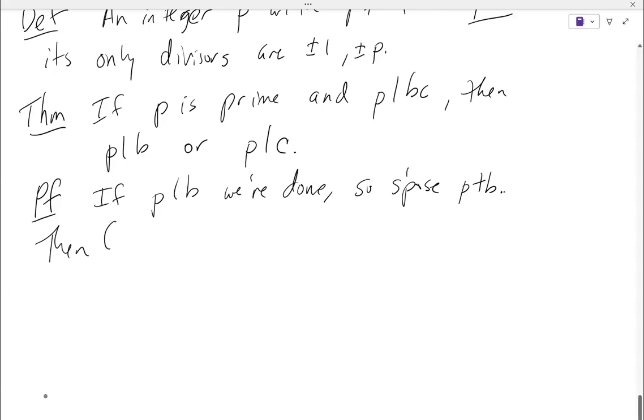Good. Period. Right? There's only 2 divisors, if we think about it being positive. There's only 2 divisors of P, one and itself. And we could do the negatives. Like I said, I'm not going to worry about the negatives too much. Okay. But that's it, right? That's all you get. And if P doesn't divide B, then their GCD has to be 1.